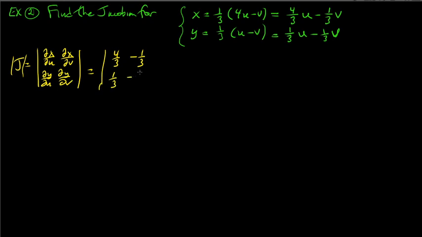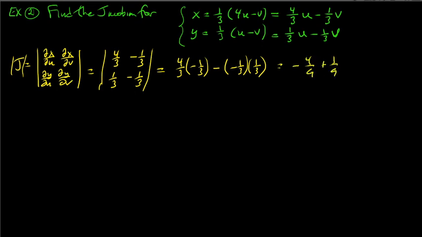Partial of y with respect to v is negative 1/3. And when you take the determinant, you get 4/3 times negative 1/3 minus negative 1/3 times 1/3. So this is going to be negative 4 over 9 plus 1 over 9, which is negative 3 over 9, or negative 1/3. So that's the determinant.